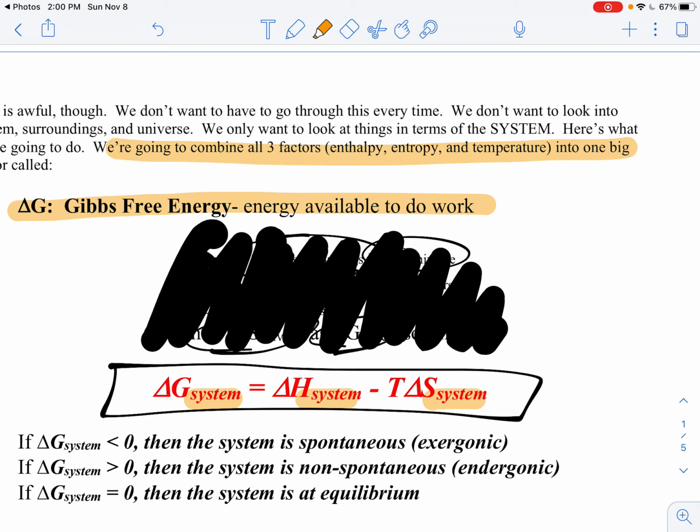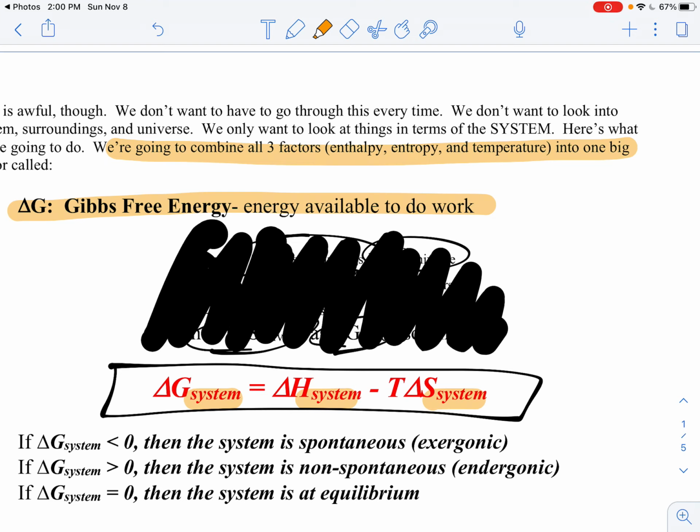Let me double check: 298 times 0.112, yes, 33.4. I got that right. Negative 182 minus 33.4 is negative 215.4 kilojoules. And again, because it is a negative sign, delta G is less than 0. This is a spontaneous process.